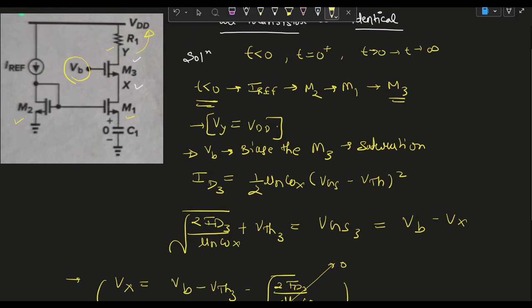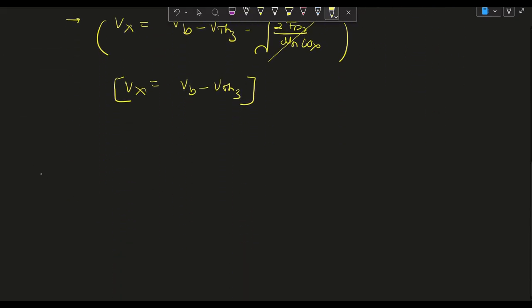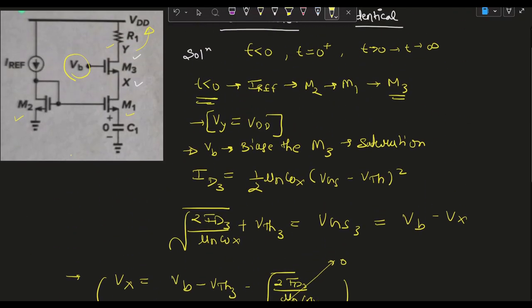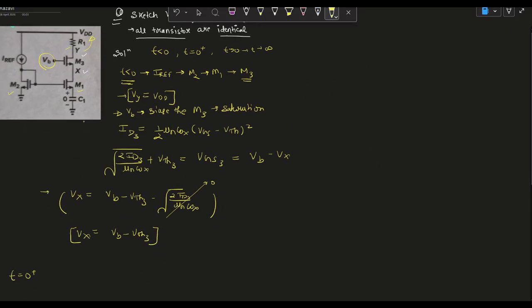Now move to the second time frame, which is t equal to 0 plus phase. Let me copy the question again.